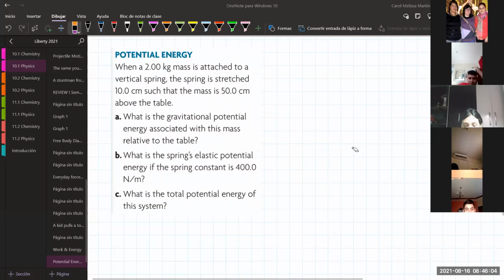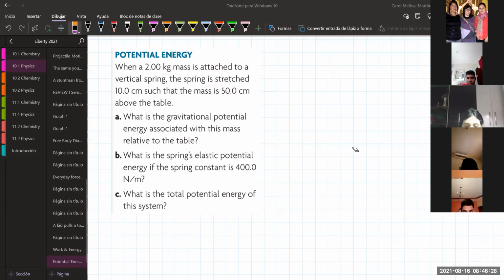It says potential energy. Who wants to help me to read this problem? Okay, potential energy. When a 2 kilogram mass is attached to a vertical spring, the spring is stretched 10 centimeters such that the mass is 50 centimeters above the table.